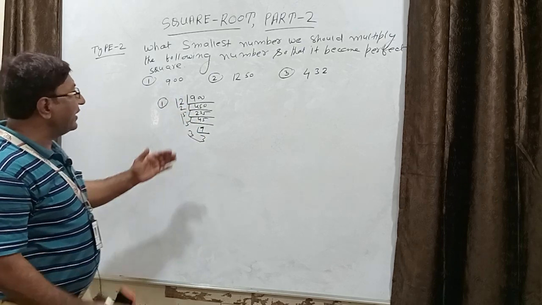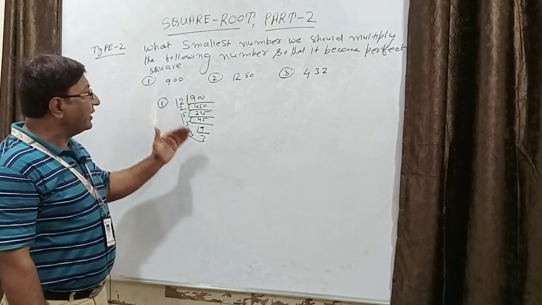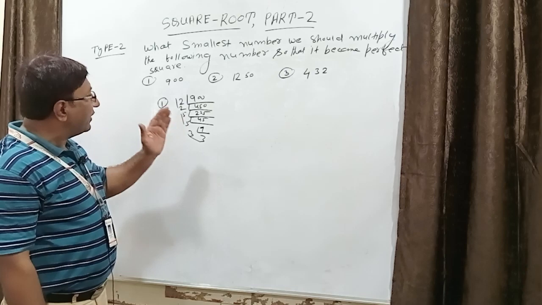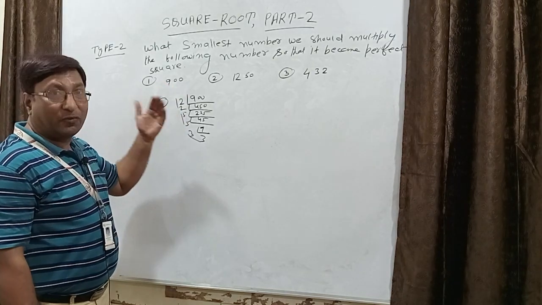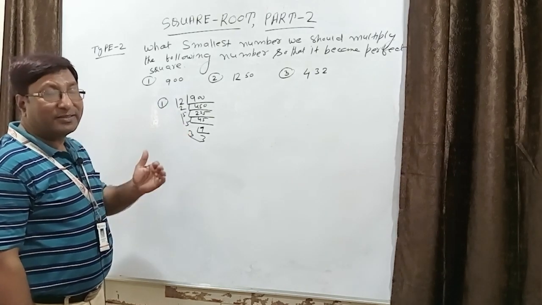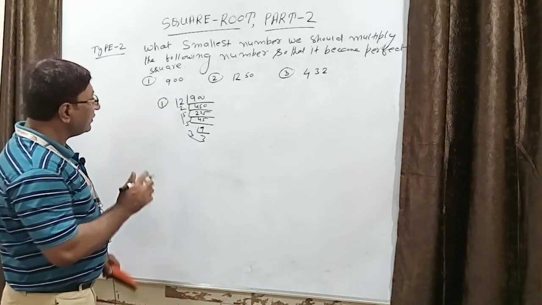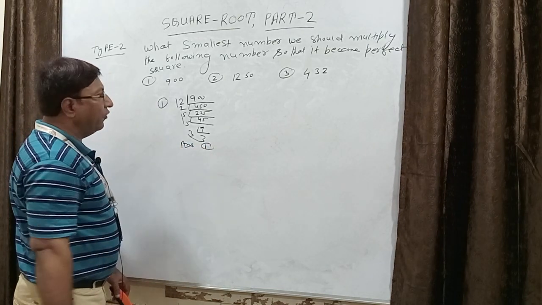So 900 is already a perfect square number, so no need to multiply by any number. So our correct answer is 1. If we multiply this number by 1, we will get 900, and 900 is a perfect square.